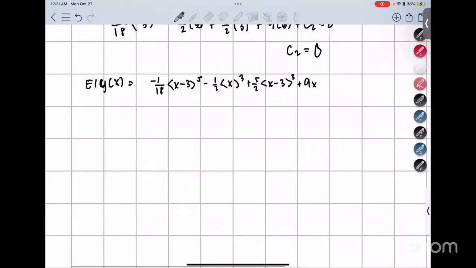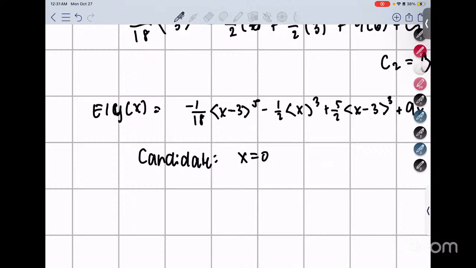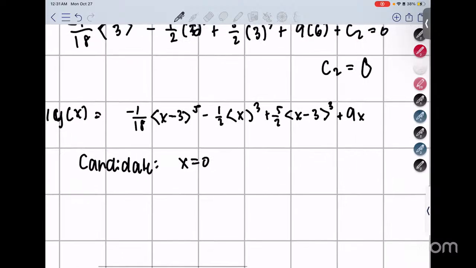So that's the first candidate, from kasi nag-right to left tayo, so x equals 0. Second is, I guess, the point na mag-change yung applicable na Macaulay functions. Note na hanggang at the point 3. So kung less than or equal to 3 ka, hindi to kasama.